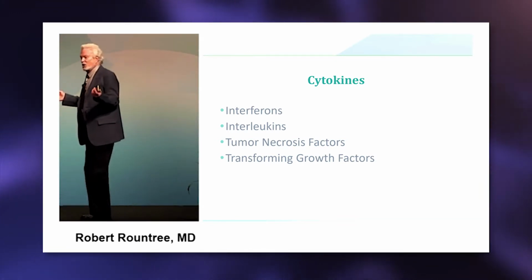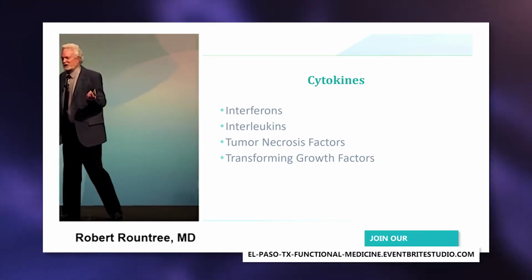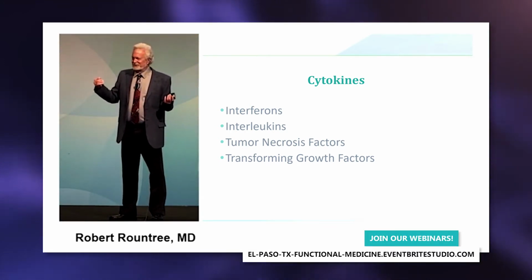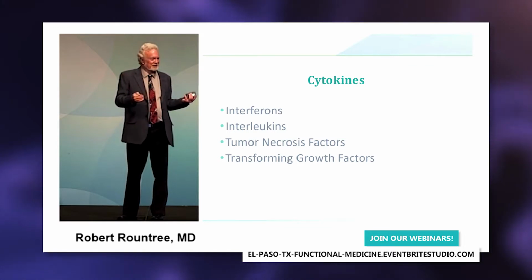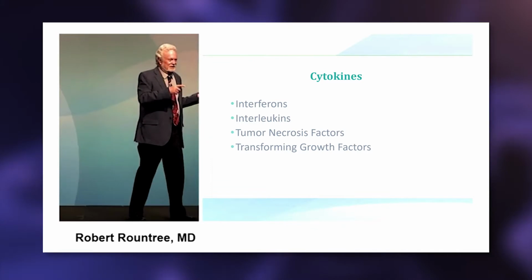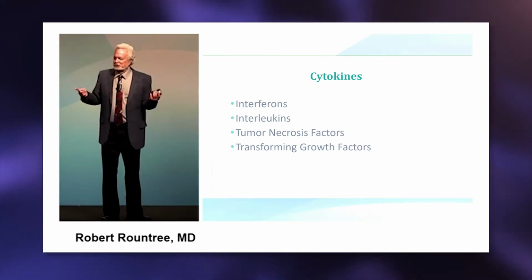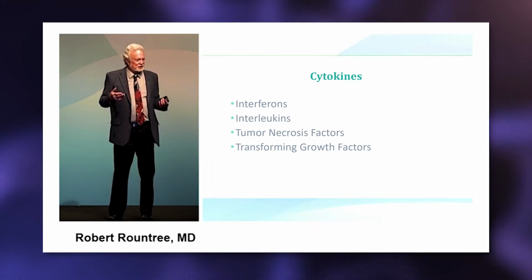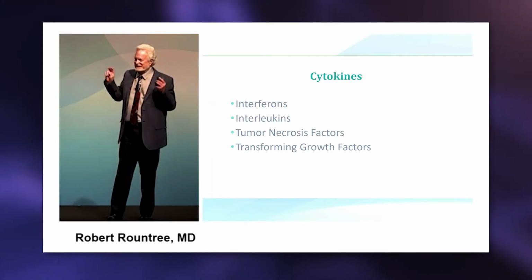And by the way, what's the main side effect when you inject somebody with interferon for hepatitis? They feel terrible. They get muscle aches, pain, mood disorders, depression, etc. So that's why people talk about chronic gut inflammation as being a source of cytokine sickness.